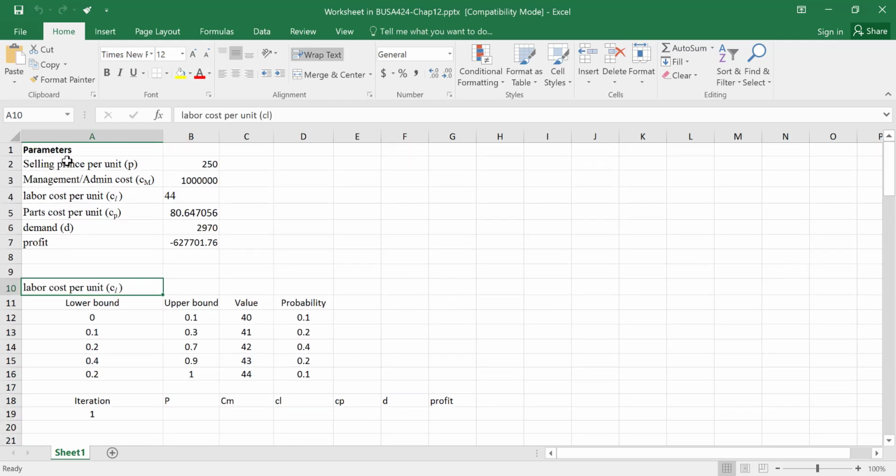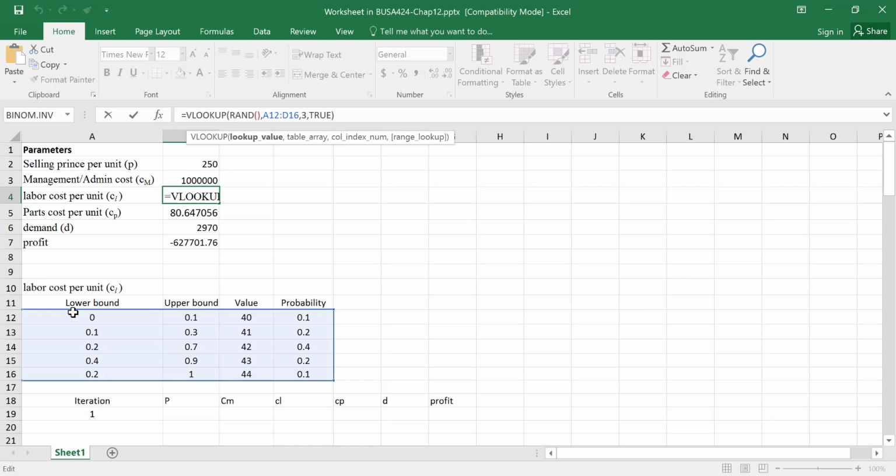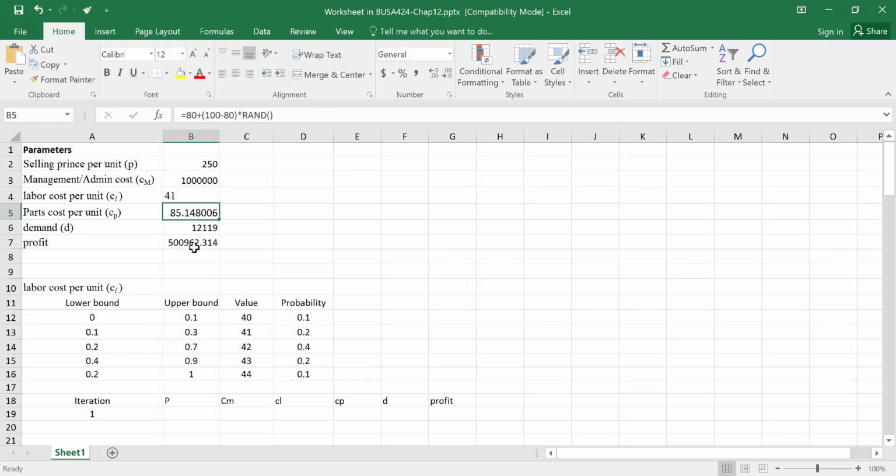We had the selling price, we had the administration cost, we had the cost of the labor, and we use a VLOOKUP with rand. So this is an area that we have a rand function and the area of these numbers, and this is the index that it chooses, so the values are here and it's an exact match.